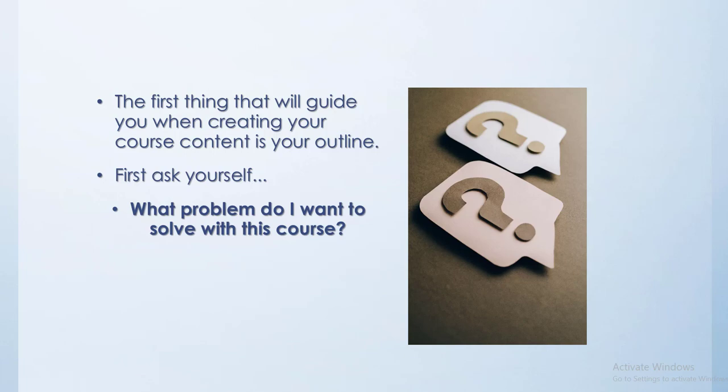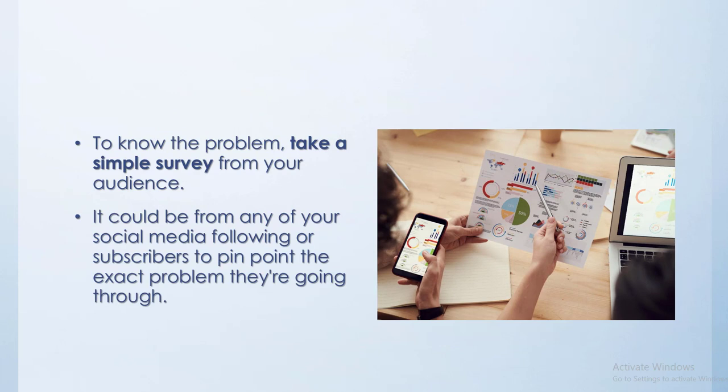So once you have asked this question, the next thing you need to do is find a way to get answers to it. One of the ways to get answers to the problem you want to solve in your course is by doing a simple survey of your audience. Of course, your audience can be from anywhere.